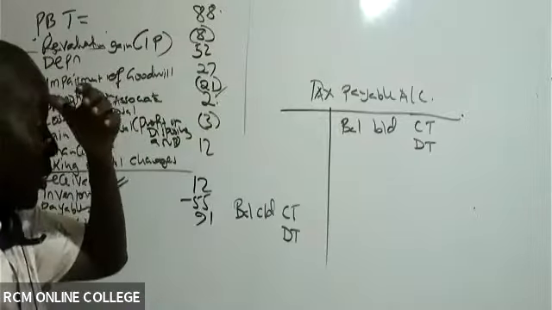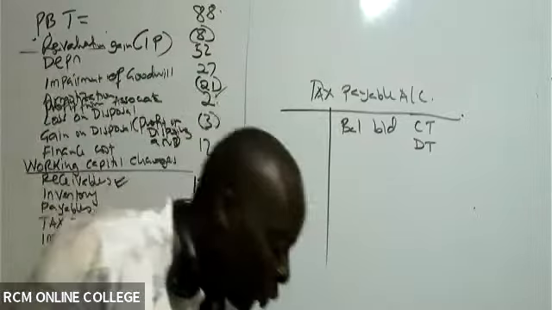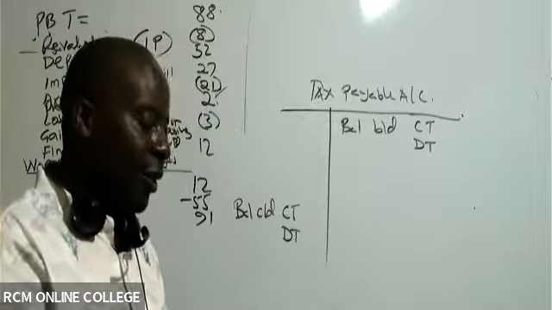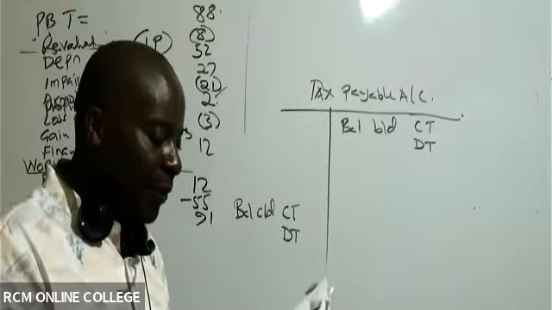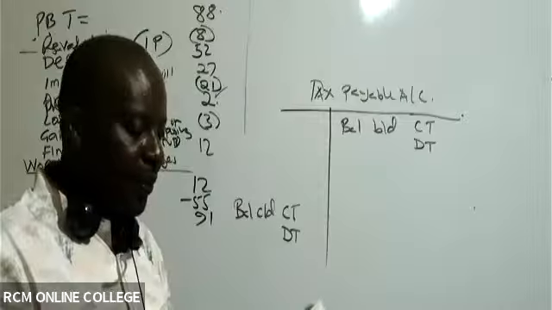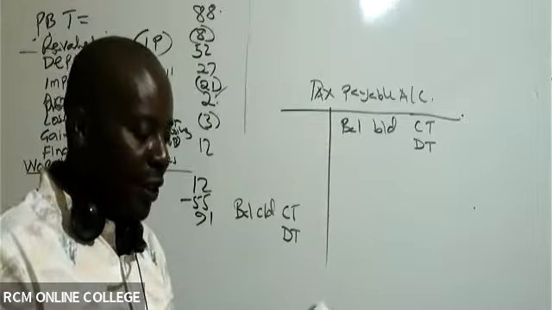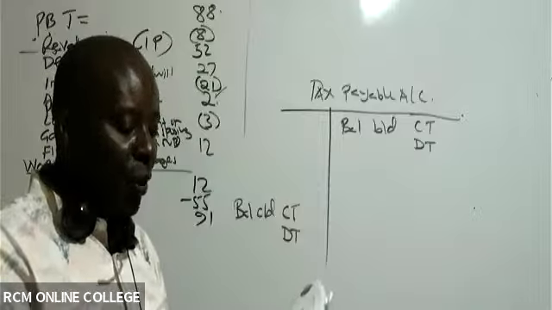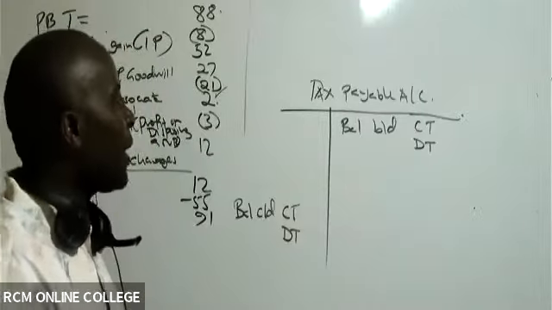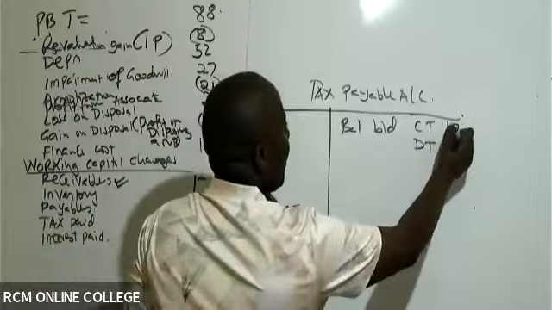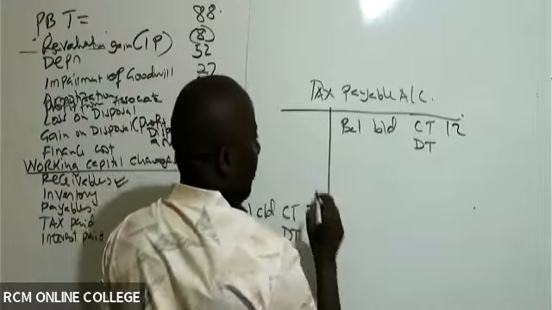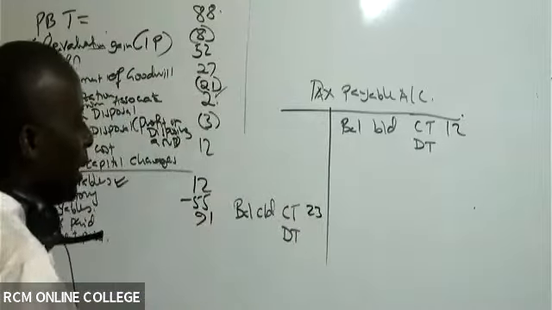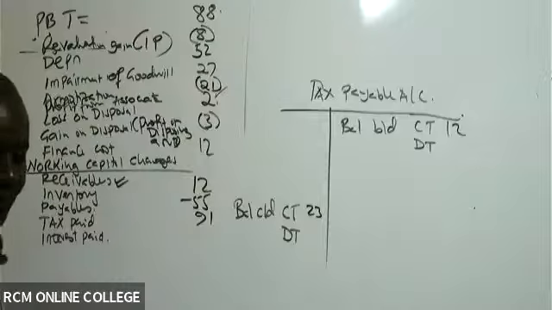So balance brought down, current tax. Please go to your balance sheet. Are you able to see the current tax, you ninjas? Under liabilities, yes, I can see income tax payable. So I'm seeing a 12 and 23. Brought down is 12, carried down is 23.